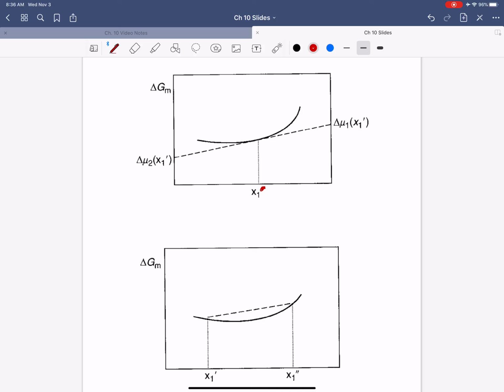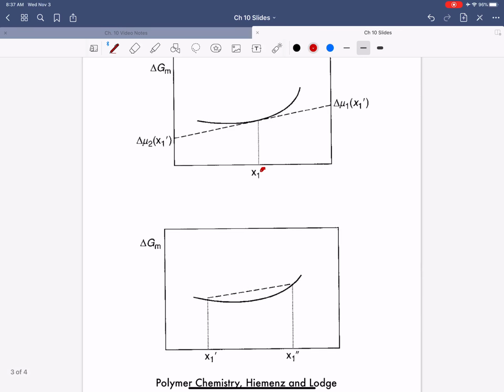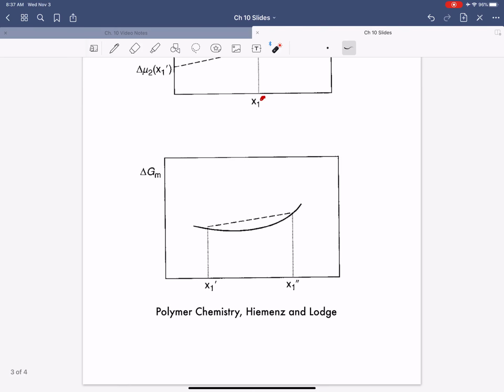Now we want to ask, at this temperature, is it possible for this system to phase separate into compositions of X1 prime and X1 double prime? Let's say those compositions would be somewhere here and here. To figure out if that's possible, you would draw another line that connects those two compositions.